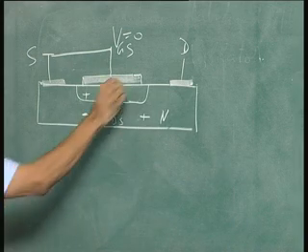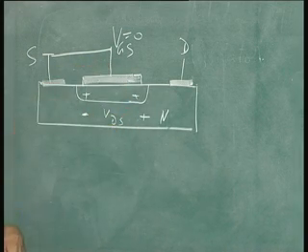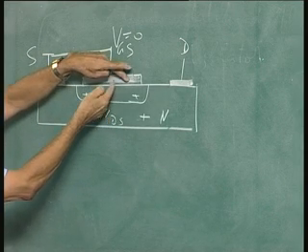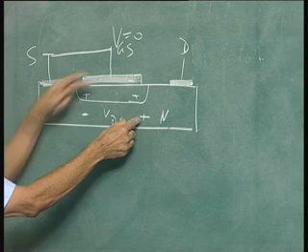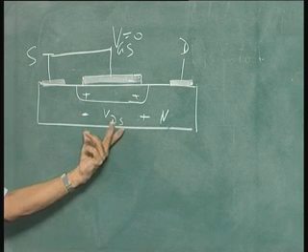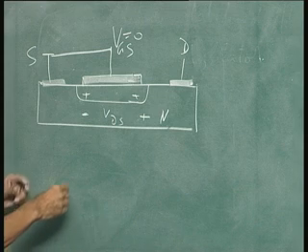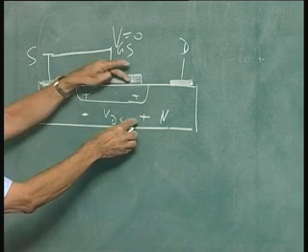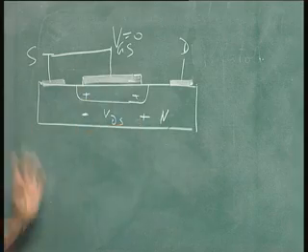So, you have got minus plus here, and another minus plus coming up here. So, the total potential drop from here is, you have one drop here, another drop in this direction. This drop adds on to that. So, you have got a voltage drop which is equal to VBI plus VDS here.